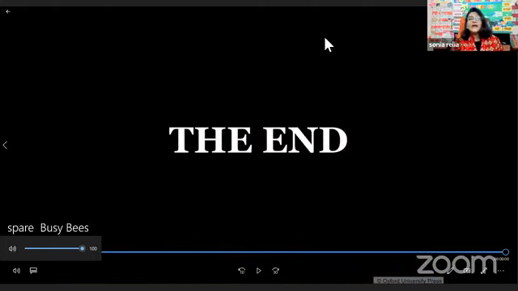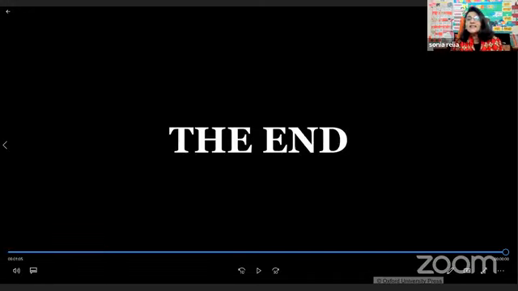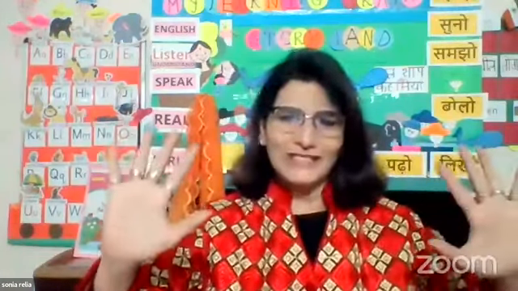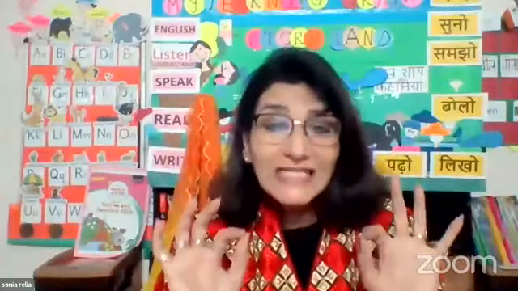Lovely. Could you hear it? I hope you all could hear the story. Could you all hear the story? No. Okay, all right. Let me very quickly tell you the story. There were 6 bees.